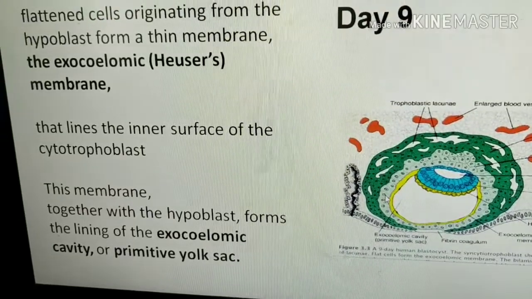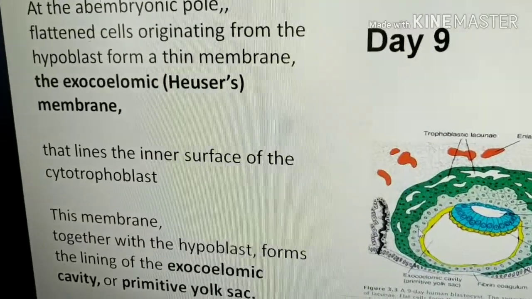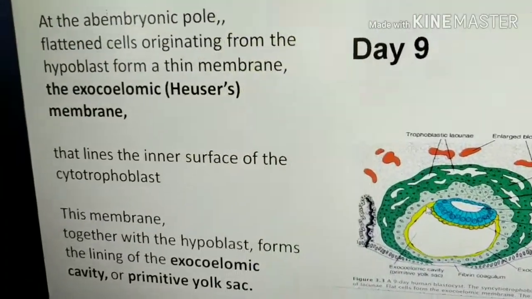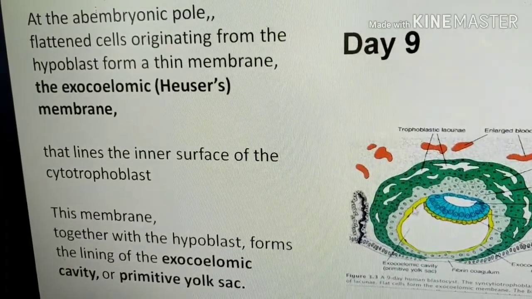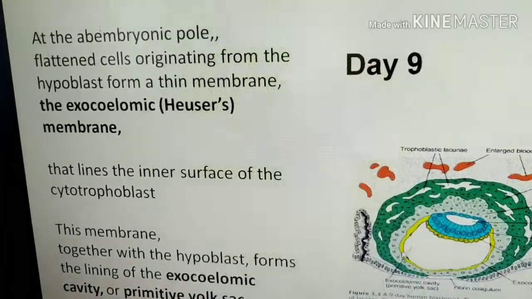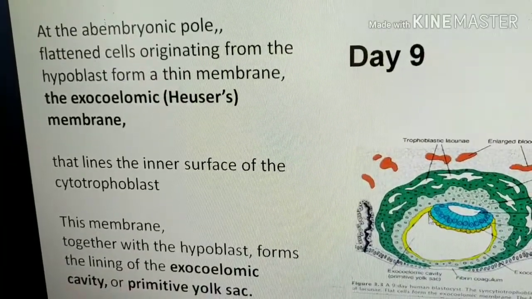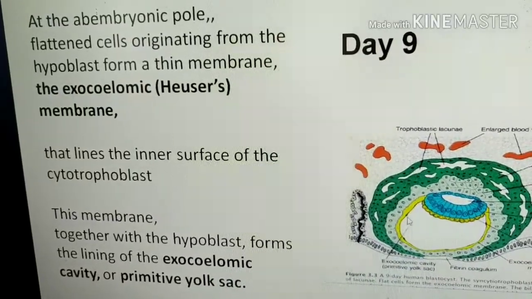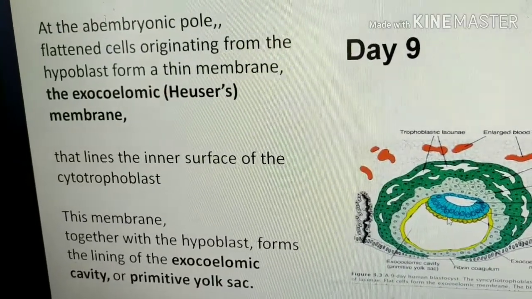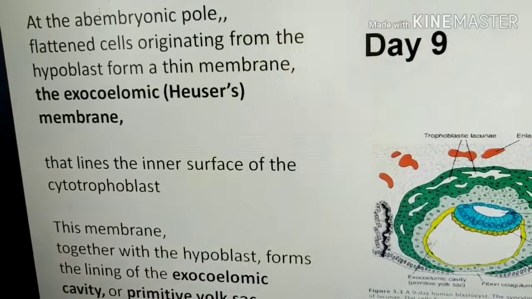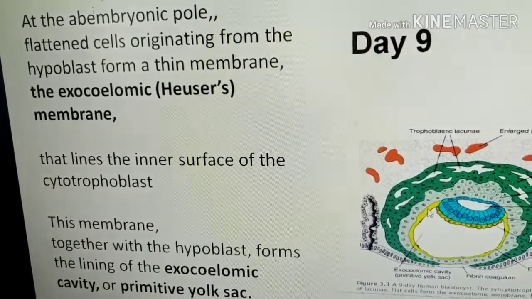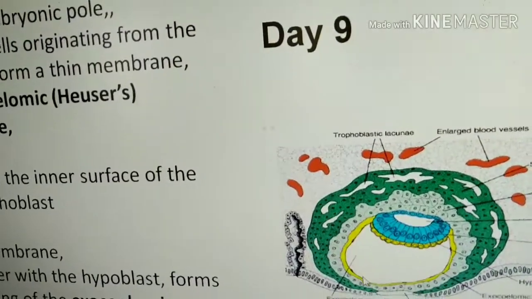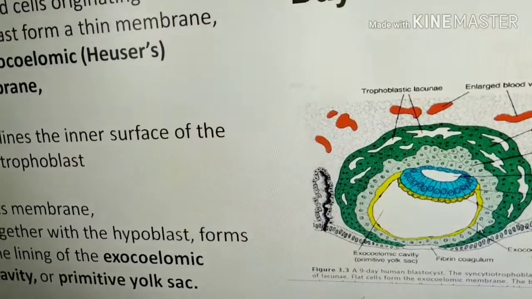This membrane is known as the exocoelomic or Heuser's membrane. This membrane is lined by flat epithelial cells, which arise from the hypoblast, and these cells also line the inner side of the cytotrophoblast.